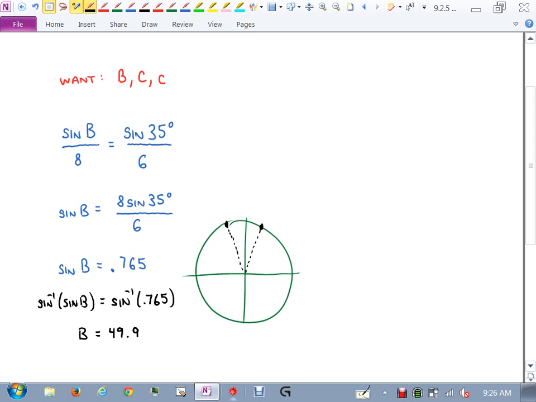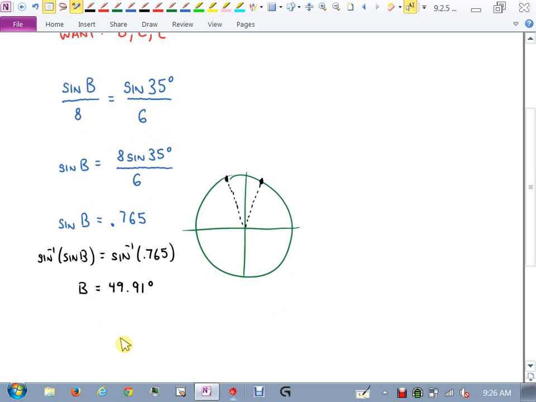Okay, sounds good. All right, so that is a potential candidate for our angle. Well, I guess I exaggerated this a little bit too much because that doesn't look like 49 degrees, does it? But that's what the calculator is telling me it is, so I'm going with the calculator. It's 49 degrees right here. 49.91 is this.